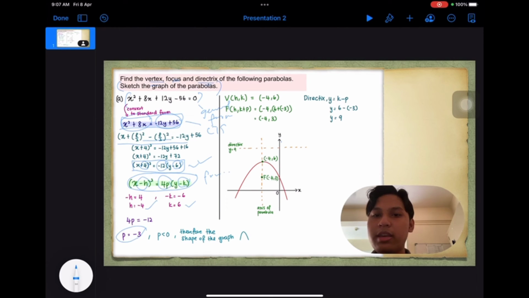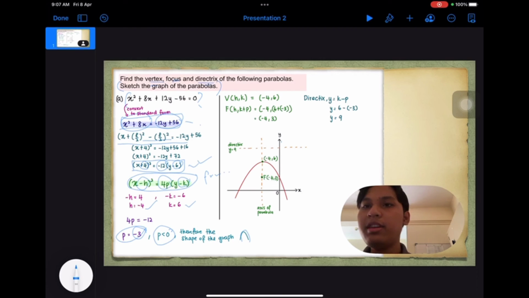As we can see, our value of p is -3, which means p is less than 0. Therefore, we can determine the shape of the graph, which is the N shape. Before we sketch this graph, we need to find our vertex, our focus, and our directrix.